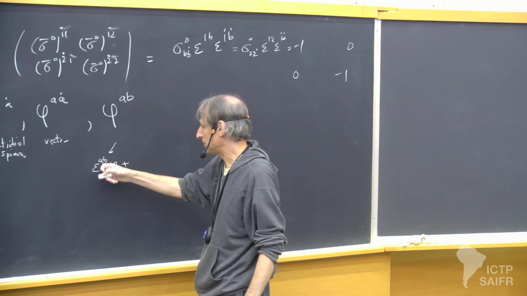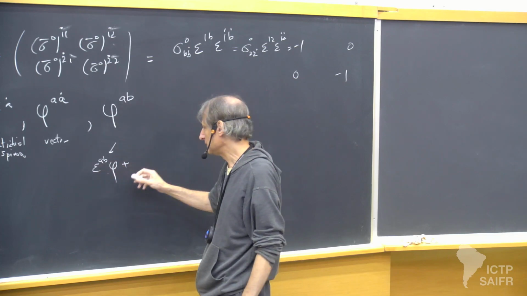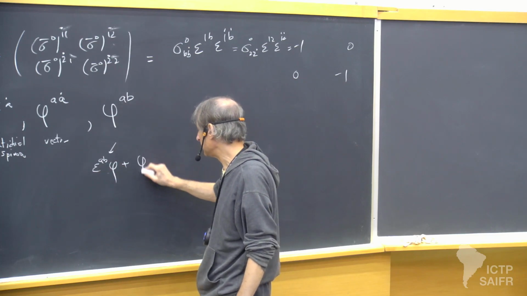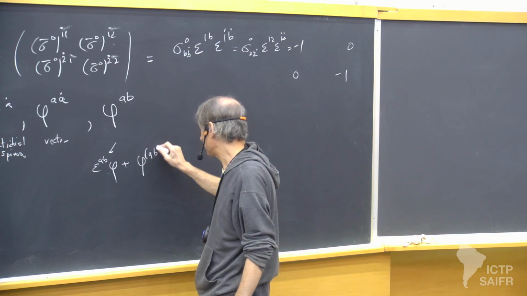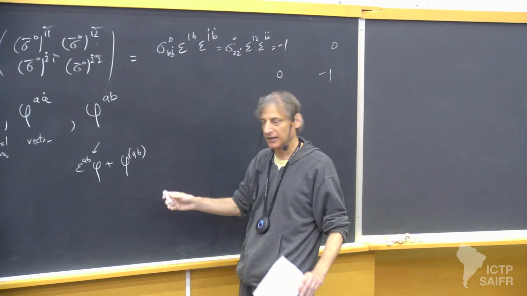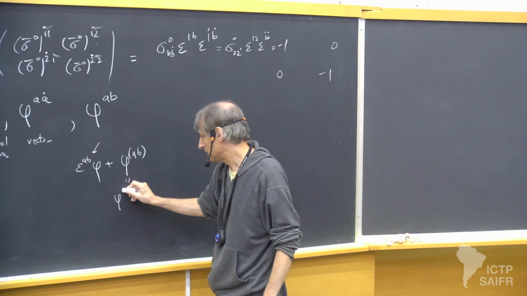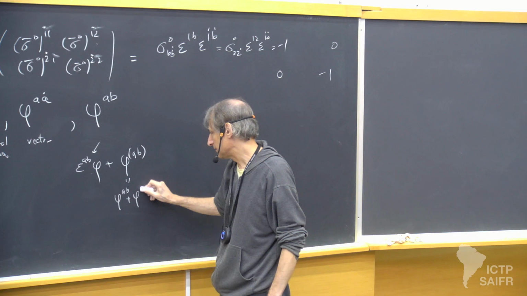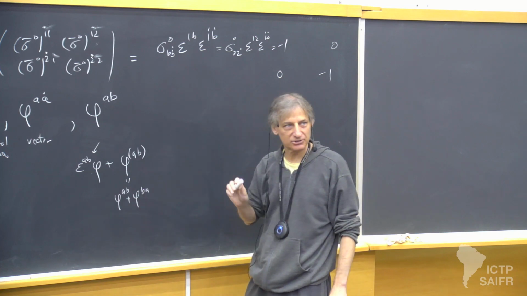So the antisymmetric part is proportional to epsilon AB. You can also have the symmetric part. So normally, people write the symmetric part by putting parentheses around it. So you can think of this as phi AB plus phi BA, maybe with a factor of a half, depending on your convention. Okay?